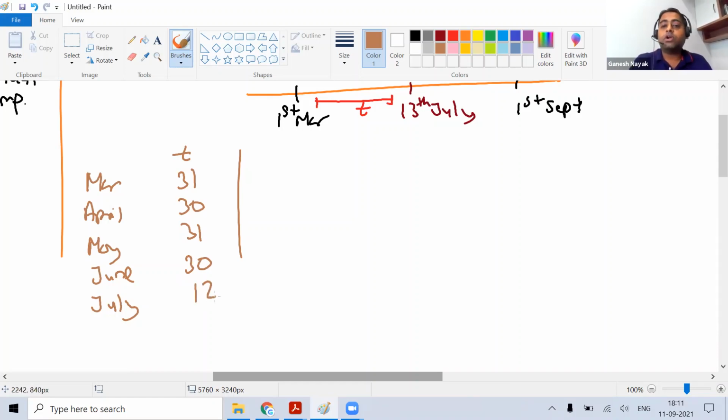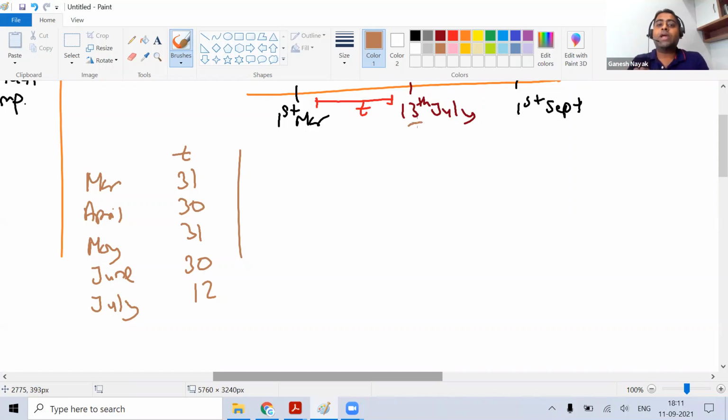Why 12, not 13? When you're starting from 1st March and including 1st March, then you cannot include 13th of July. Think of it this way: you're starting at 12 a.m. on 1st of March and completing at 12 a.m. on 13th of July.